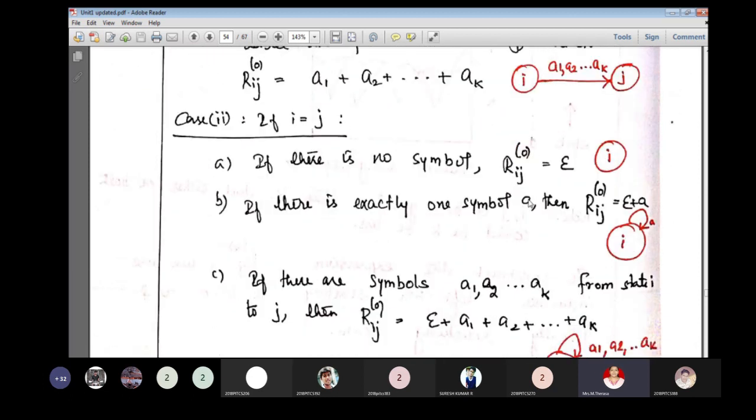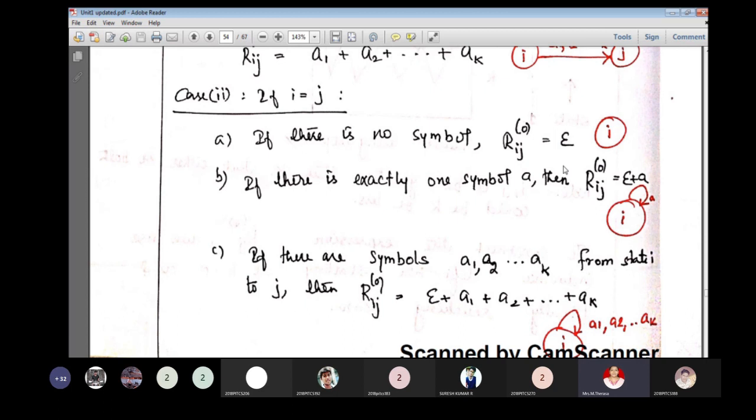Then case 2. Whenever i and j are equal to each other, whenever you are in a state, after reading something you are in the same state. So what is the string which you have read? The null string. You are in this state and you are in the same state, so you can represent it as epsilon.